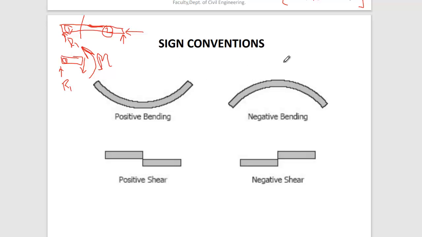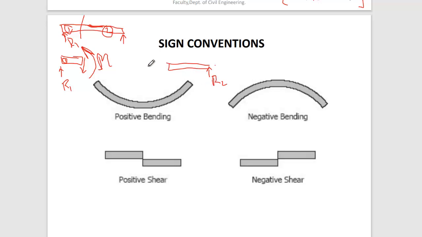And if you draw the scenario for portion 2, R2. Forget about this horizontal reaction right now, because in this part we don't have to deal with that much. Now consider this is R2.